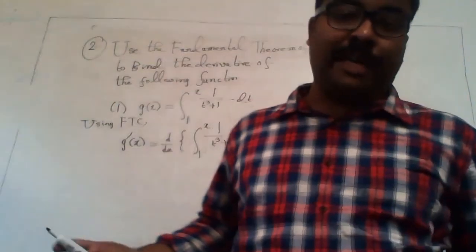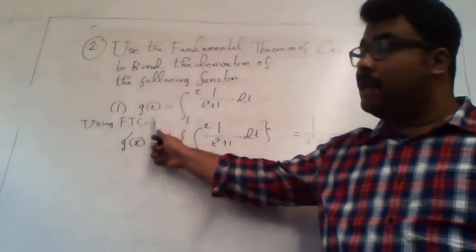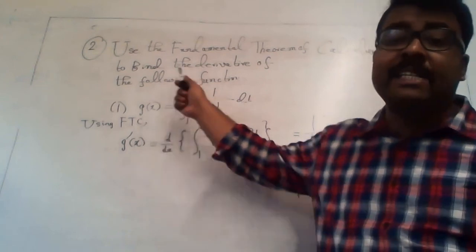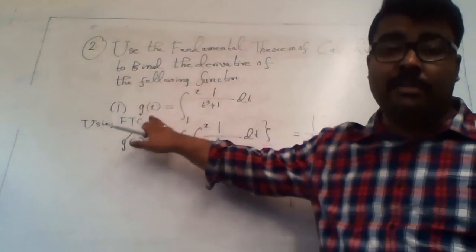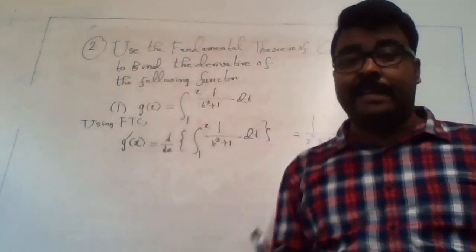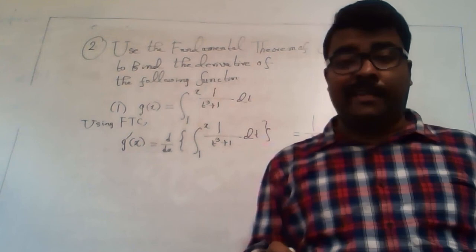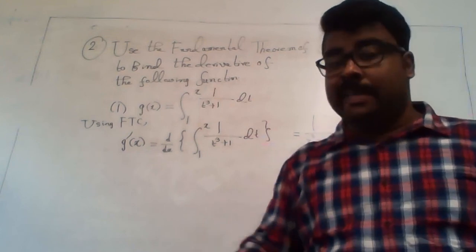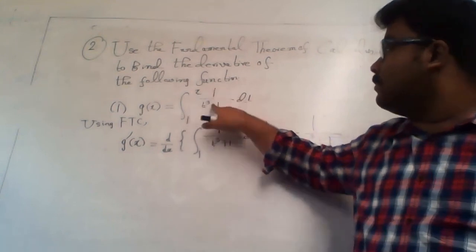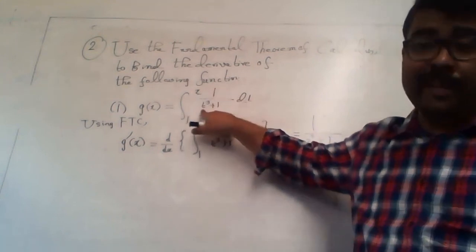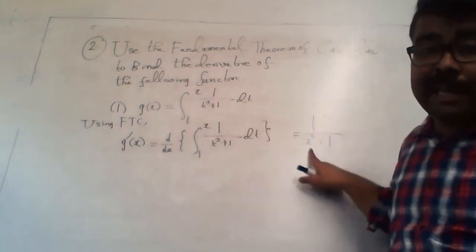If you are given a function which has an integral sign and you are asked to find its derivative, you will understand that you have to use FTC, the fundamental theorem of calculus, and it is extremely easy. Your final answer will be just whatever was inside, with whatever the variable is, changed to x.